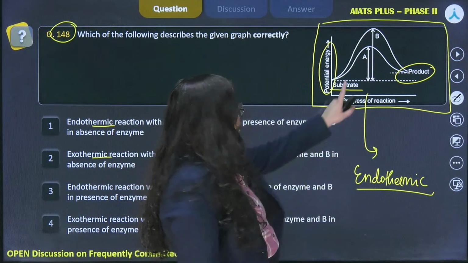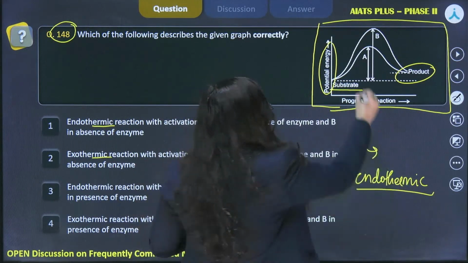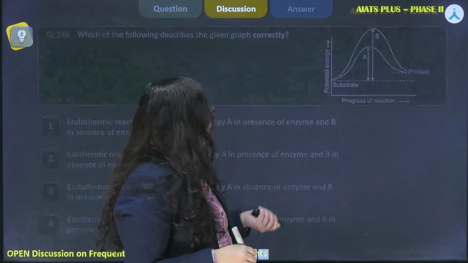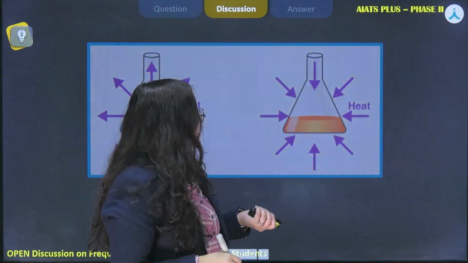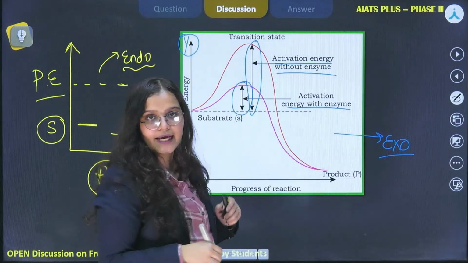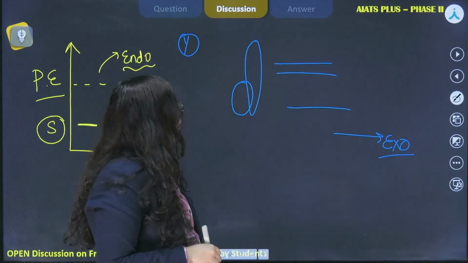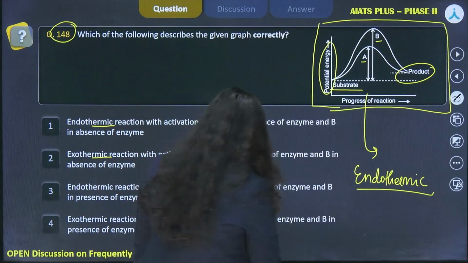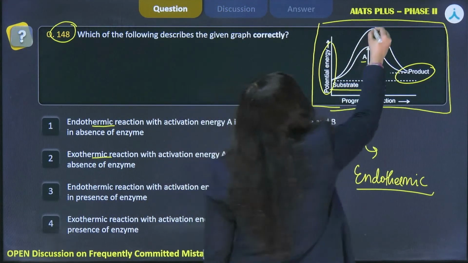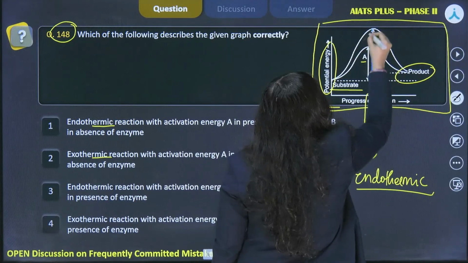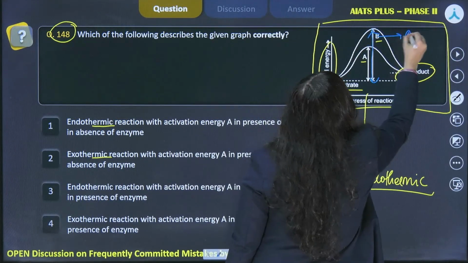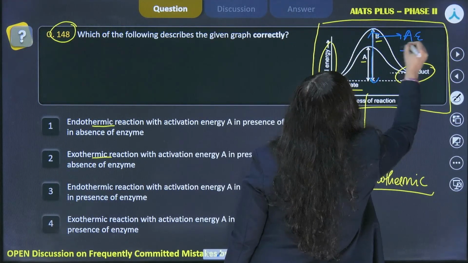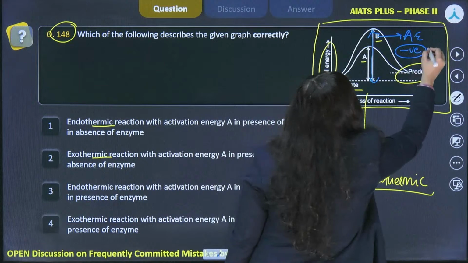Now we see that there are two other labelings, which have been written as A and B. We can compare this with our other diagram which is given in the NCERT, which is indicating the activation energy. The labeling which represents a higher energy barrier must be the activation energy in the absence of enzyme.